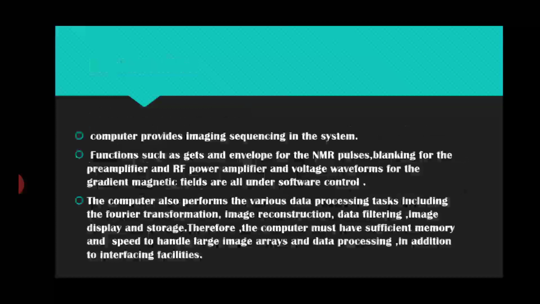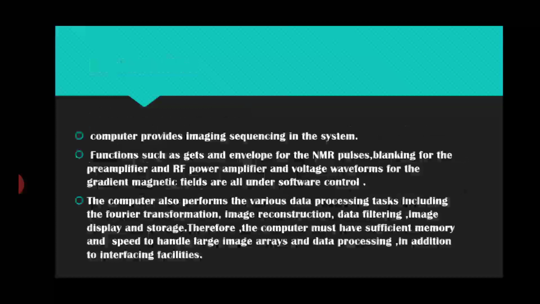The computer provides the imaging sequence in the system. Functions such as gates and delays for the NMR pulses, blanking for the preamplifier and RF power amplifier, and voltage waveforms for the gradient magnetic fields are all under software control.